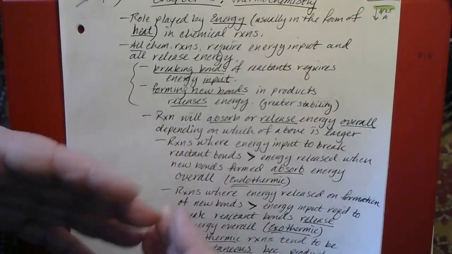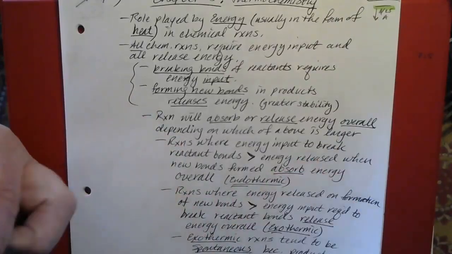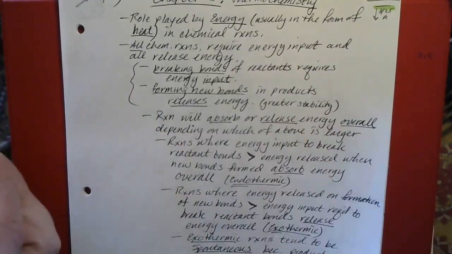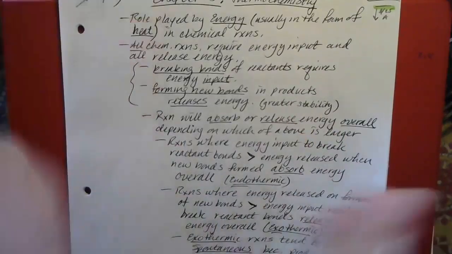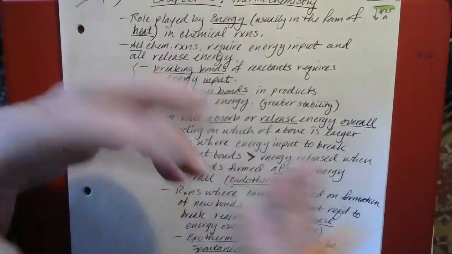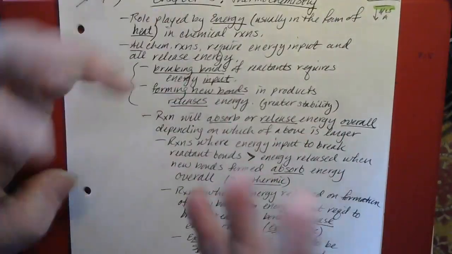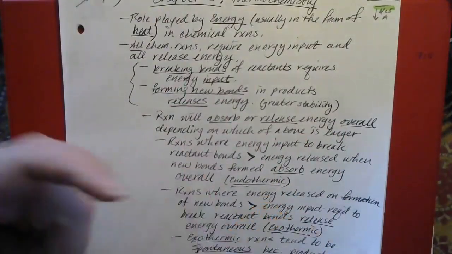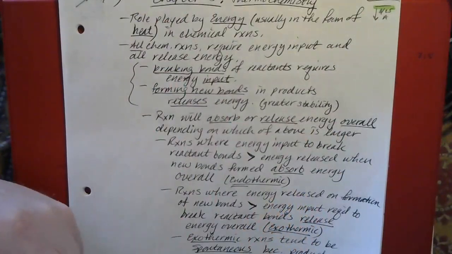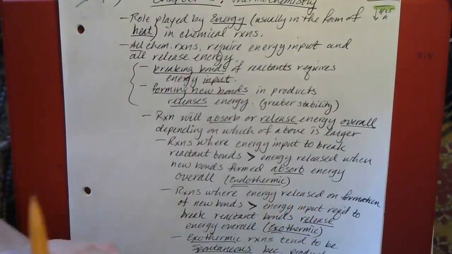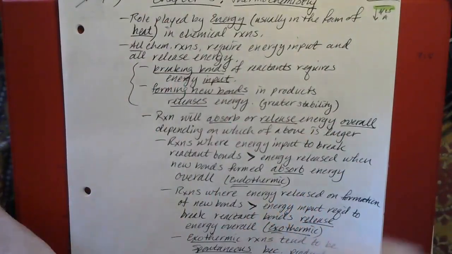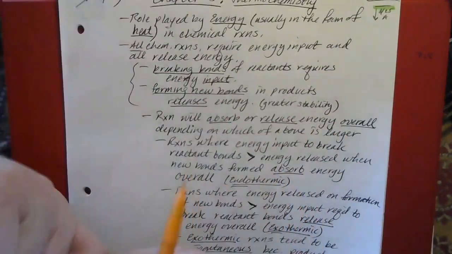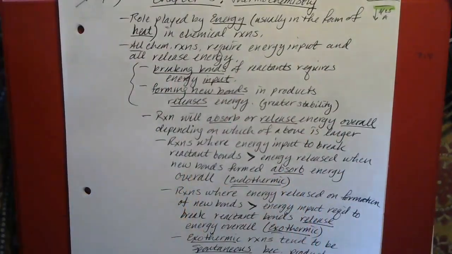And in order to break the bonds in those reactant compounds, you have to put energy in. And then the atoms rearrange themselves and they come back together in different combinations and form new bonds. And when you form new bonds, you get energy out. And so essentially, every chemical reaction involves putting in some energy and getting out some energy.